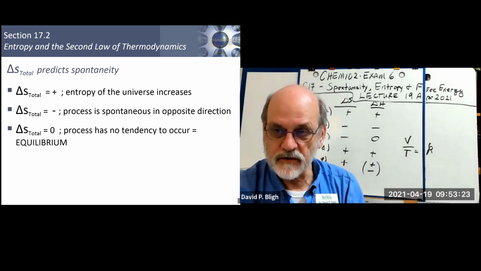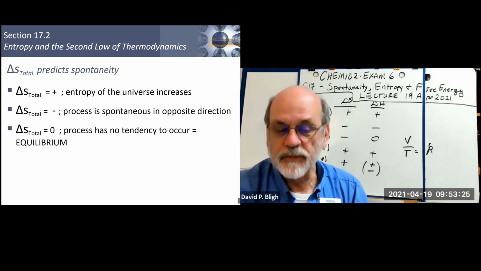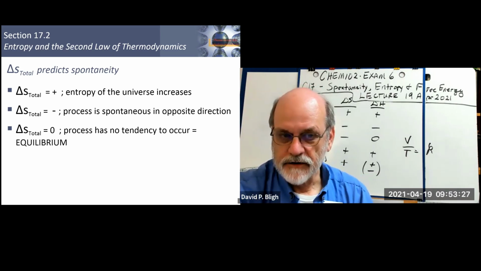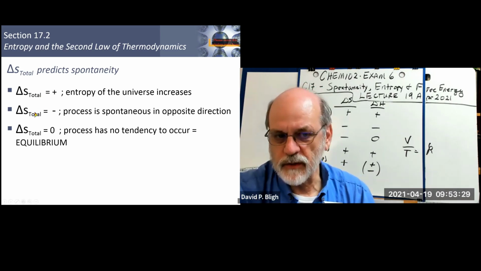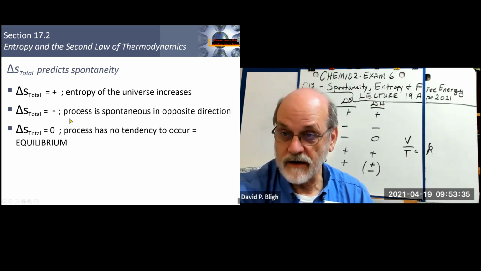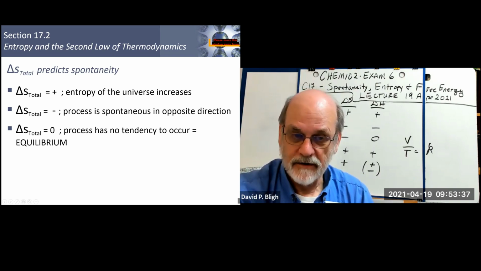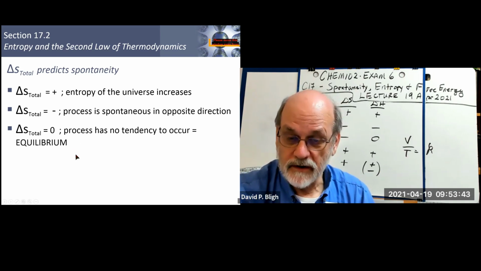Right? The opposite direction would be spontaneous. So just because you determine that delta S is negative is not bad news, because that also tells you that all you have to do is reverse the reaction and you get a spontaneous reaction. If delta S total is 0, that means you're in an equilibrium situation.